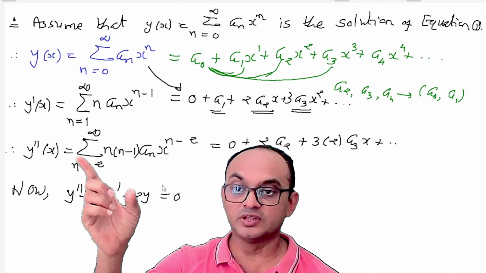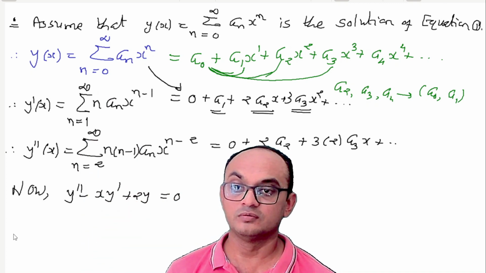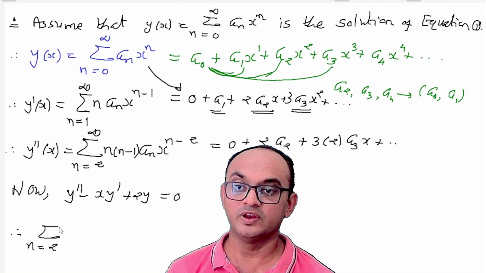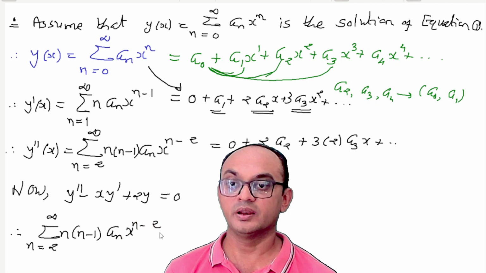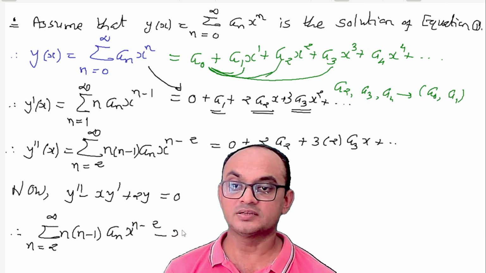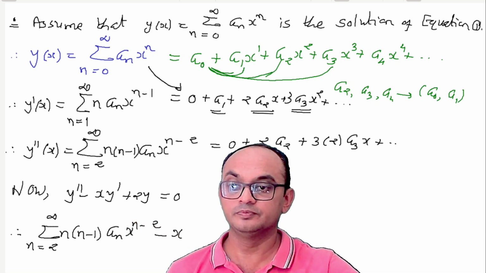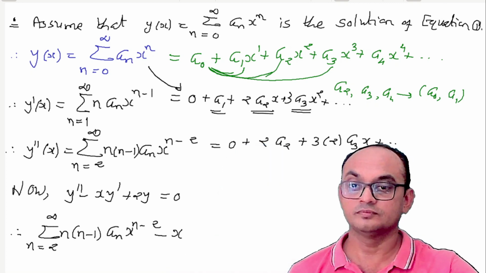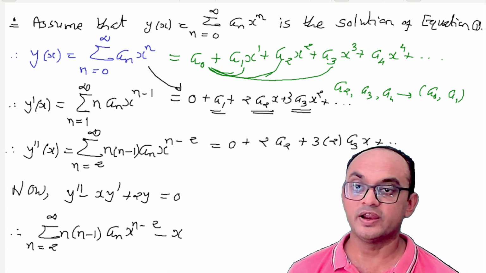Now let us substitute all these values. Therefore, what is y double dash? Summation n is equal to 2 to infinity n into n minus 1 an into x raised to n minus 2, right? Minus x into what is y dash?